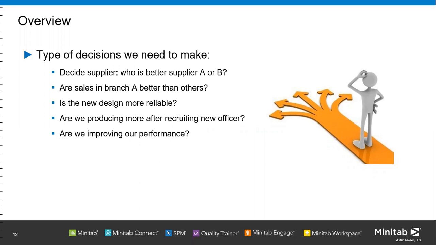We will use data to make the decision. For example, you want to decide who is the better supplier, supplier A or supplier B. Maybe you want to compare the sales in branch A against the other branch, like branch B.